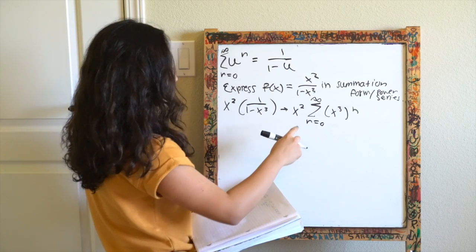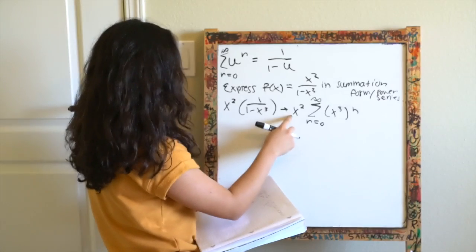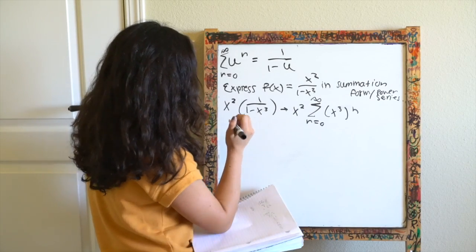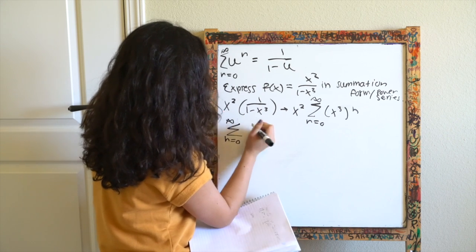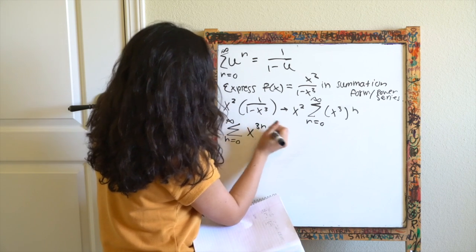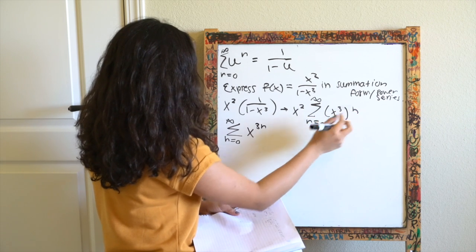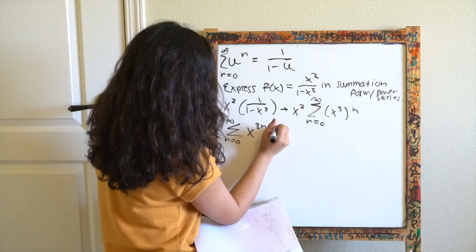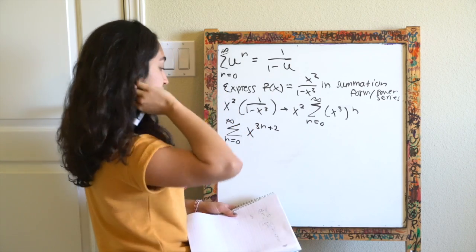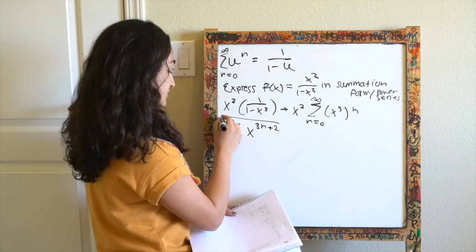From here we can simplify it by putting the x squared into the summation form. So we can turn this into the summation from n equals 0 to infinity of x to the 3n just by multiplying the 3 times n. And by bringing in the x squared, we can add 2 to the exponent of x to the 3n. So the final answer is this.